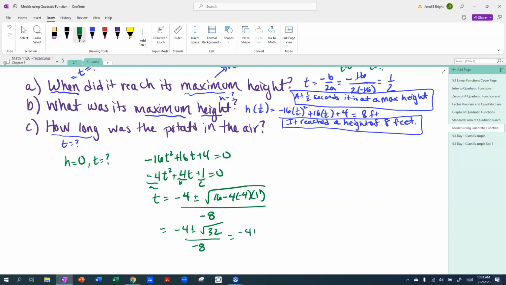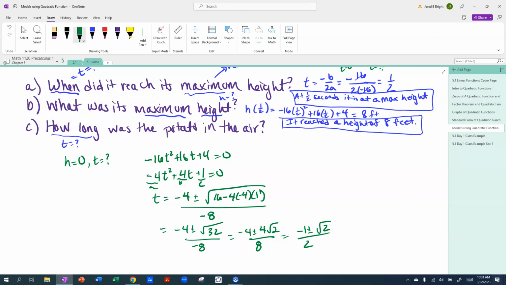Simplifying, I get negative 4 plus or minus, this is 16 times 2, so I could break that into 4 square root 2 all over 8. And so then this is going to be negative 1 plus or minus square root 2 all over 2. And this is as simplified as it can get.